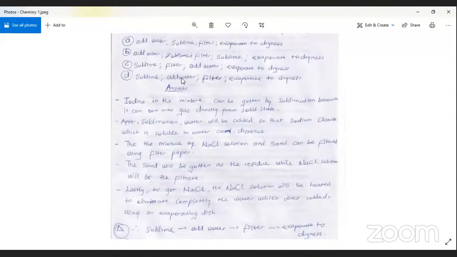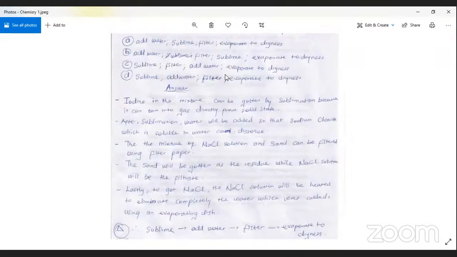Then you add water. When you add water, you filter, and the sand goes out. Then you evaporate to take out the water so that you have your sodium chloride. Are we together on this? Yes. Okay.